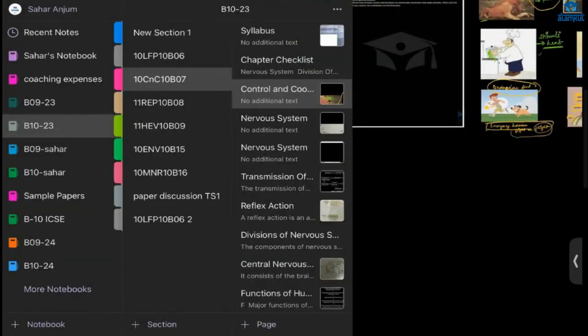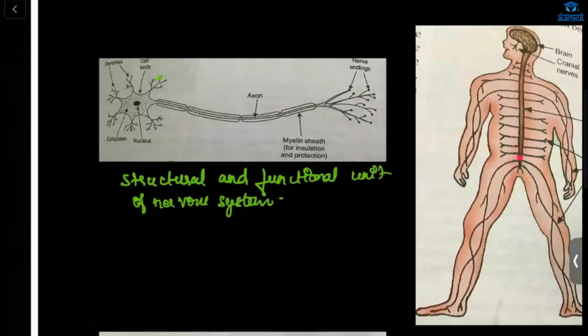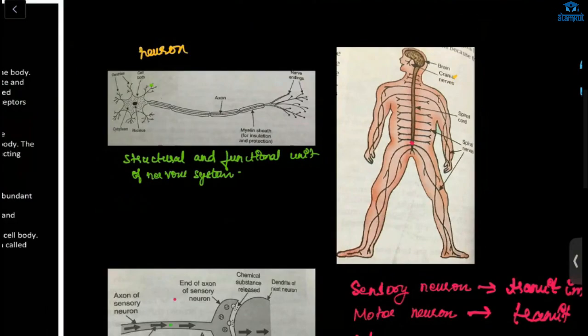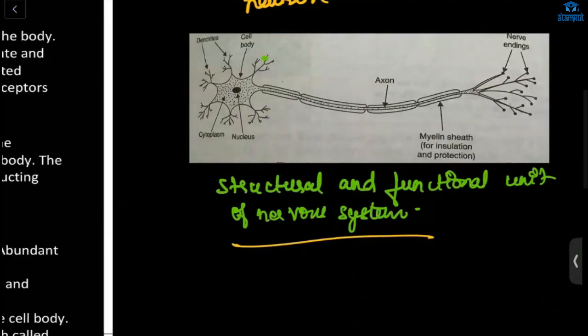Here we have nerves. This is the nerve cell or neuron, the structural and functional unit of the nervous system. This is the cell body, this is the axon, and this is the dendrites.